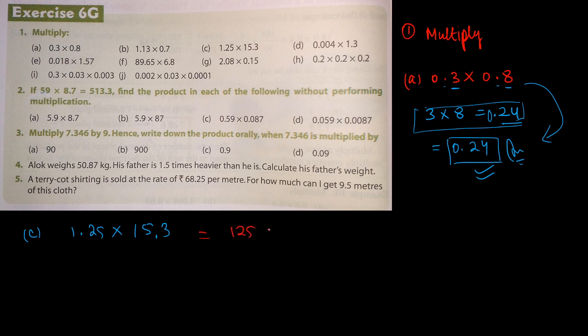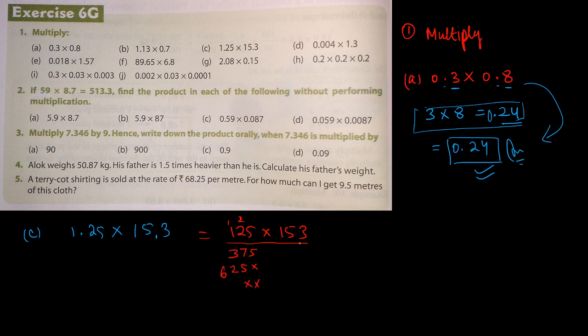125 multiply 153. So 3 5s are 15, 1 carry, 3 2s are 6 plus 1, 7, 3 1s are 3. Now cross, multiply by 5: 5 5s are 25, 2 carry, 5 2s are 10 plus 2, 12, 1 carry, 5 1s are 5 plus 1, 6.